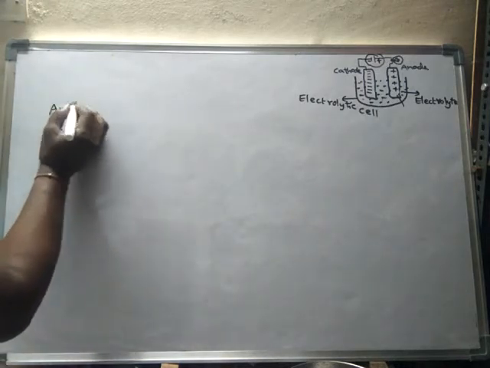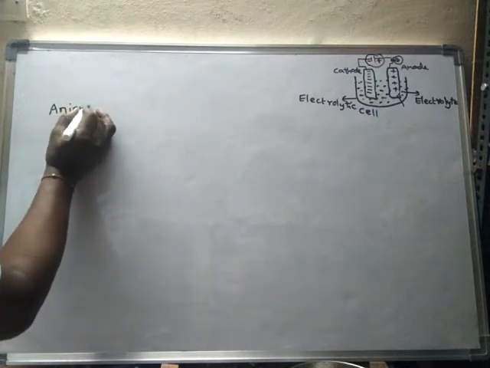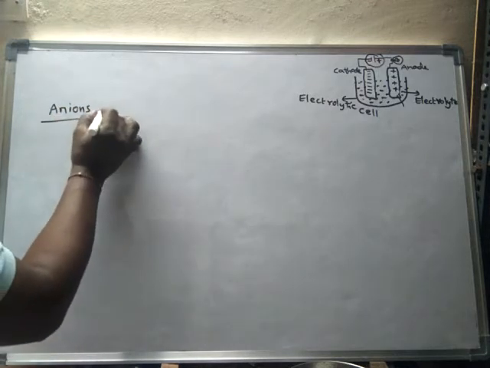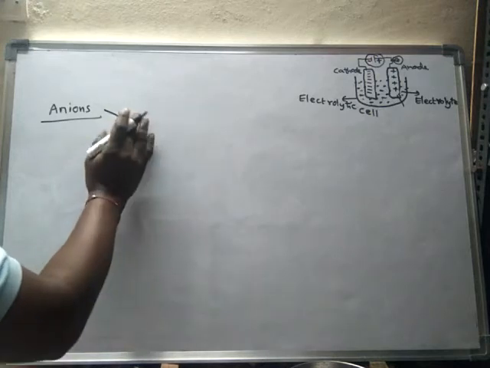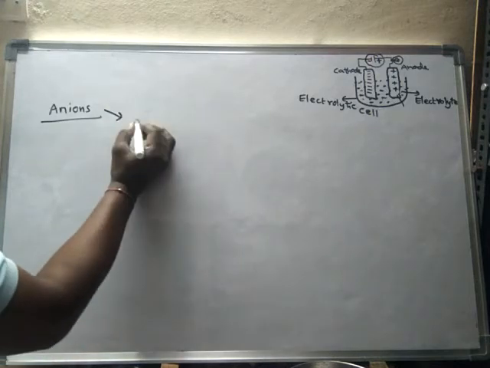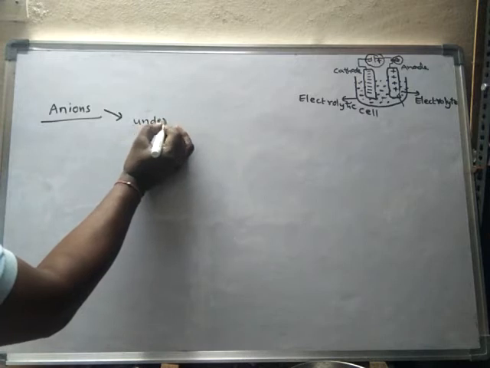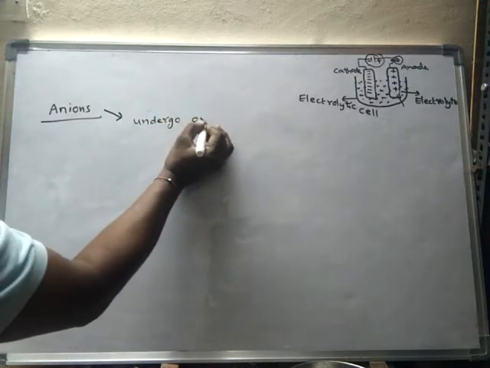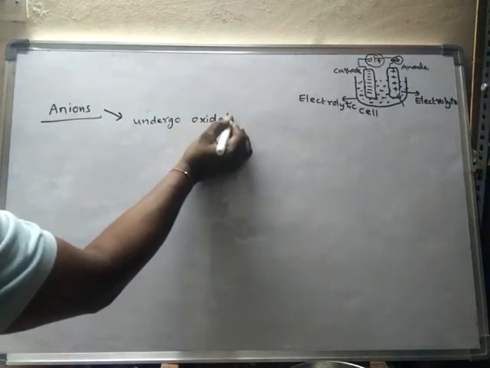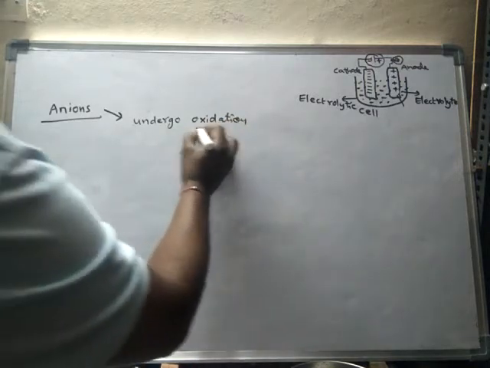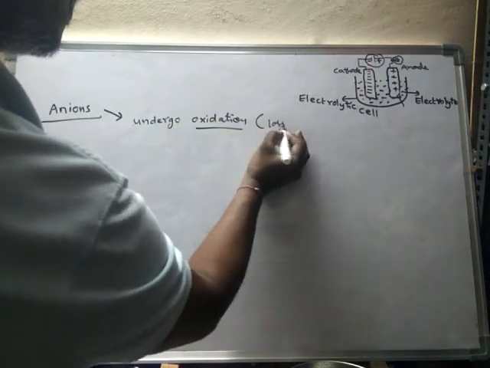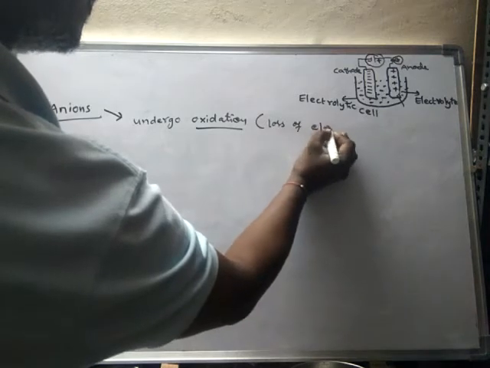Next, these anions undergo oxidation. Anions undergo oxidation. What does oxidation mean? Loss of electrons.